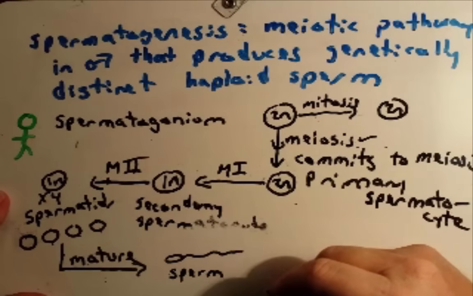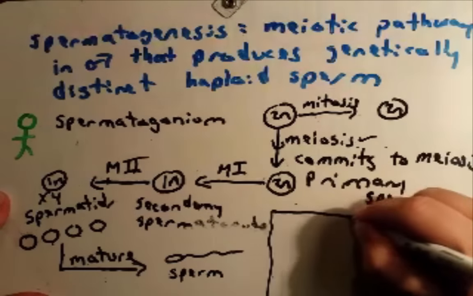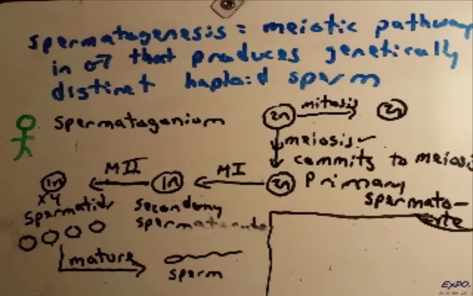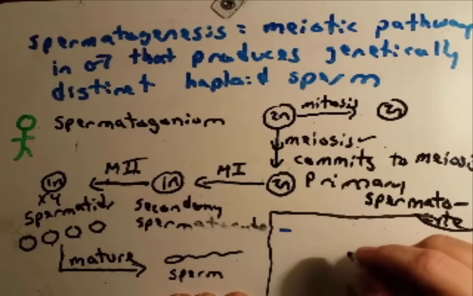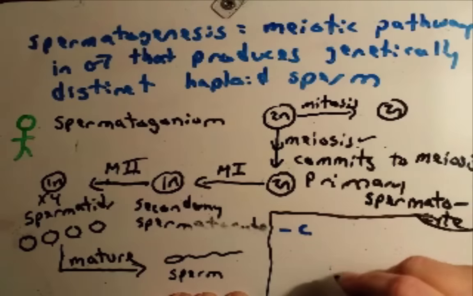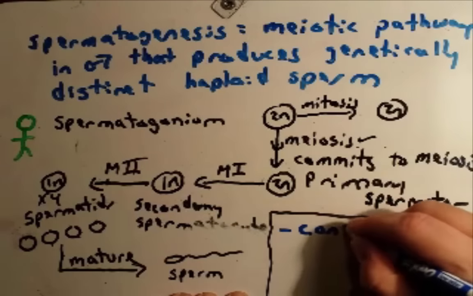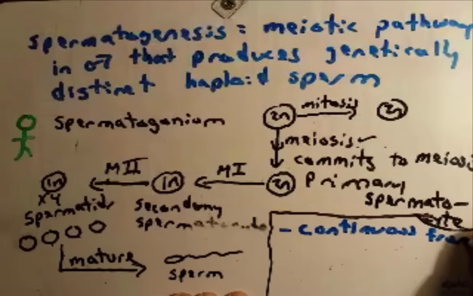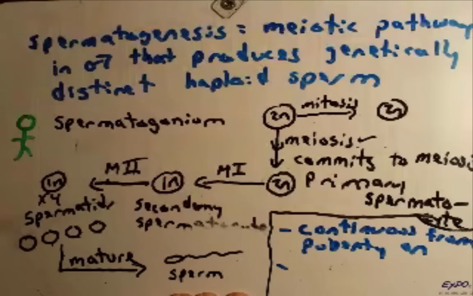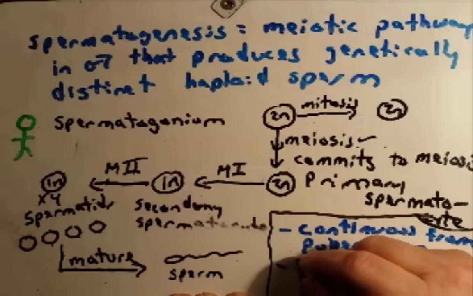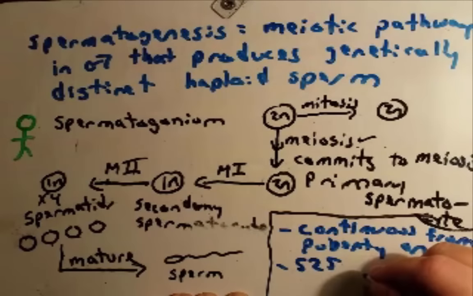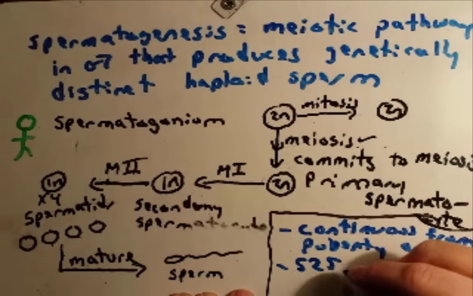I want to point out a few points here on the side. The first thing is that spermatogenesis is continuous from puberty on. Second, in a lifetime, a typical male will produce about 525 billion sperm.